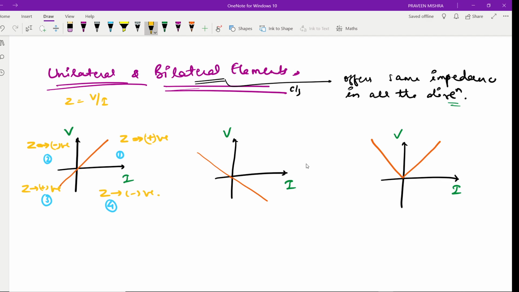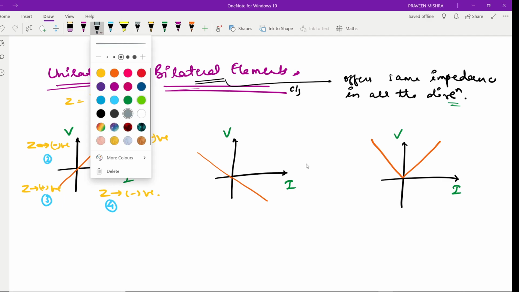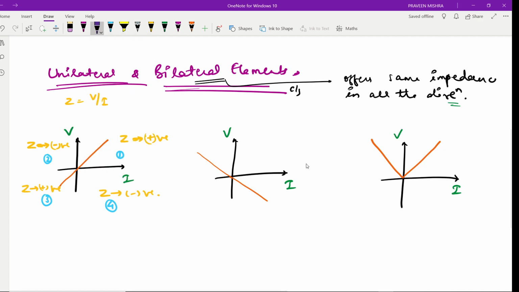So the characteristic is in quadrant 1, which means impedance is positive, and the other part is in quadrant 3, which is also positive, meaning it is offering the same impedance in all the directions. That's why this will be a bilateral element.